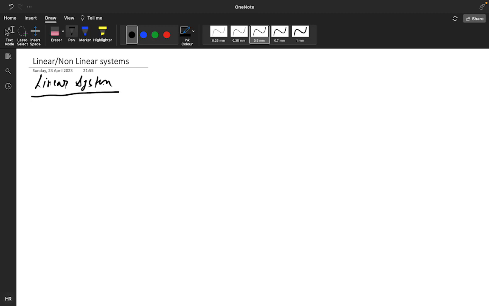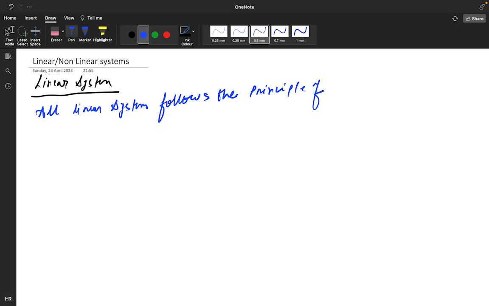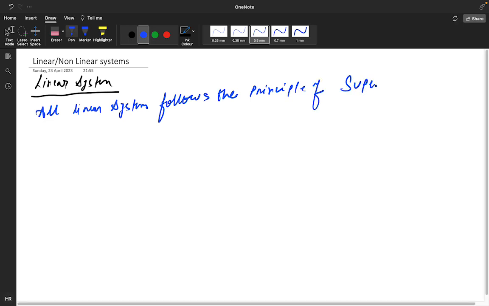All linear systems follow the principle of superposition, what we had seen in the network. So the same concept will come. All linear systems follow the principle of superposition. Okay. So the law of superposition is necessary and sufficient to prove the linearity of the system.